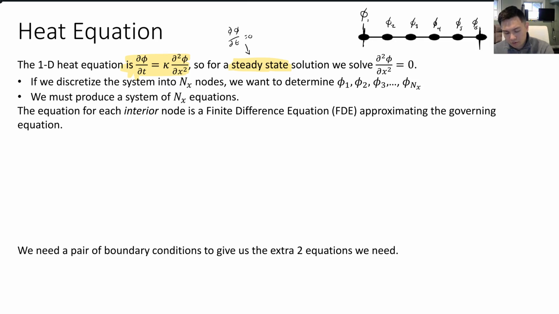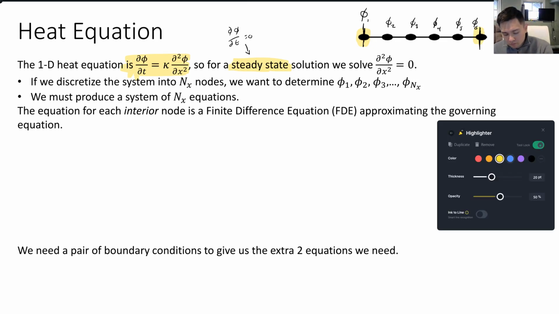And again, we have our boundaries at our 2 endpoints precisely. So if we discretize our system into nx nodes, we want to determine phi1 through phi(nx), which means we now have nx unknowns. And to solve nx unknowns, we're going to need nx equations. So we'll need one equation for each one of our nodes in our system.